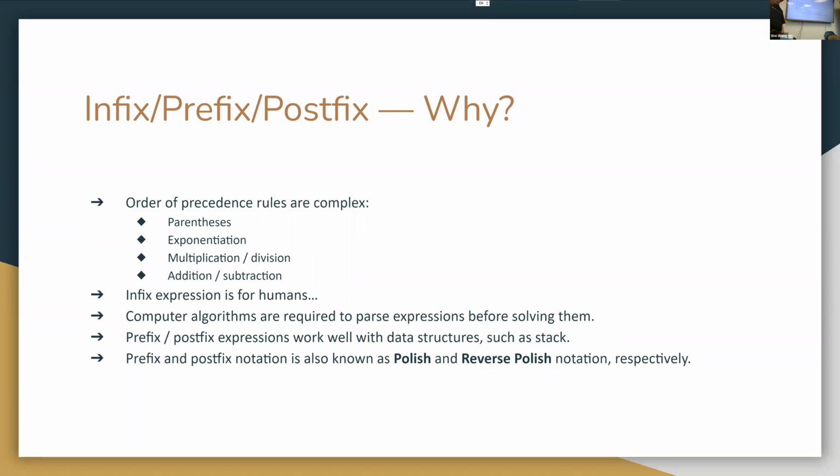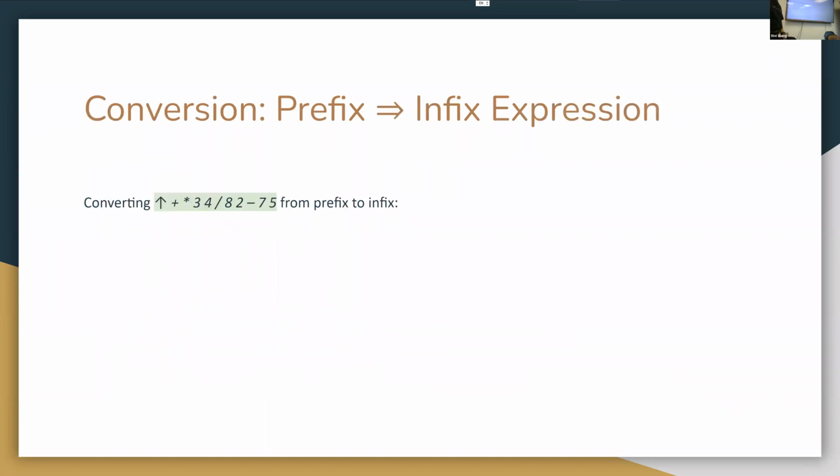You have to take out the top one first. So those are the kind of data structures that work very well with these type of expressions. So when you have expressions written in prefix or postfix format, you can evaluate them much more easily.